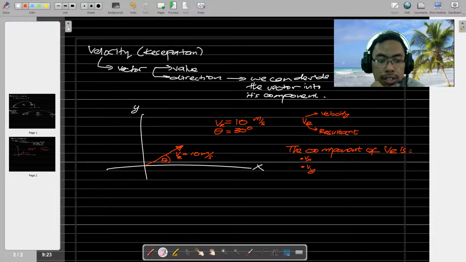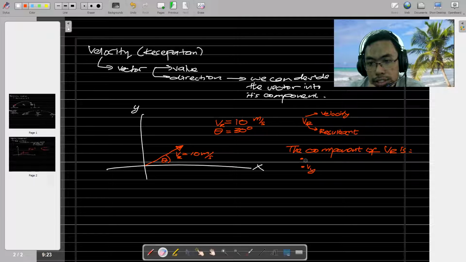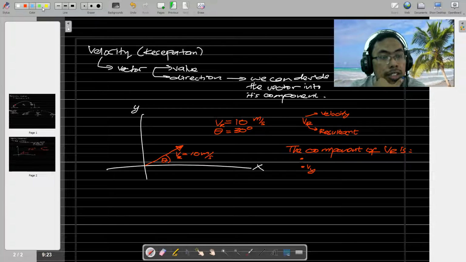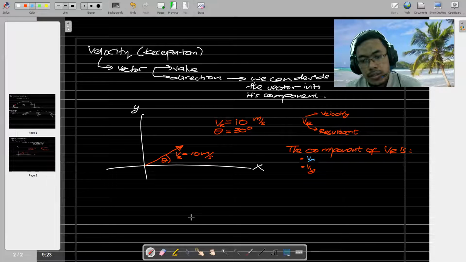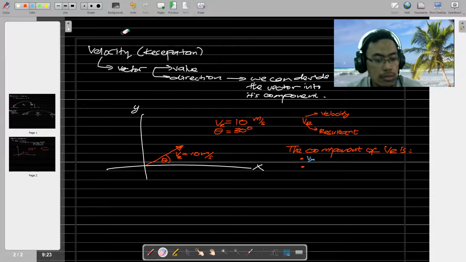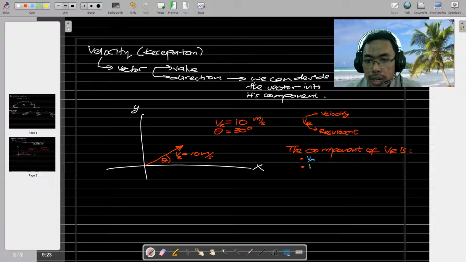Okay. So for simplicity, I will change the color. For the Vx, I will use blue color, and for the Vy, I will use green color.